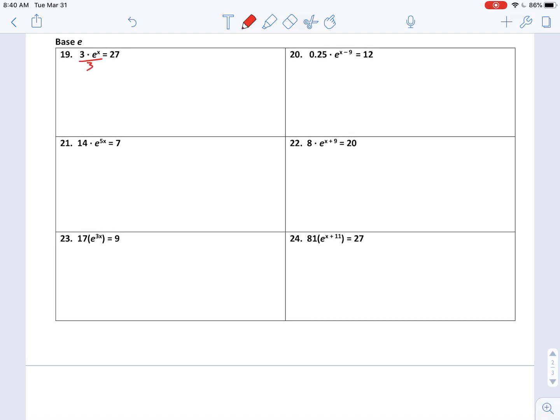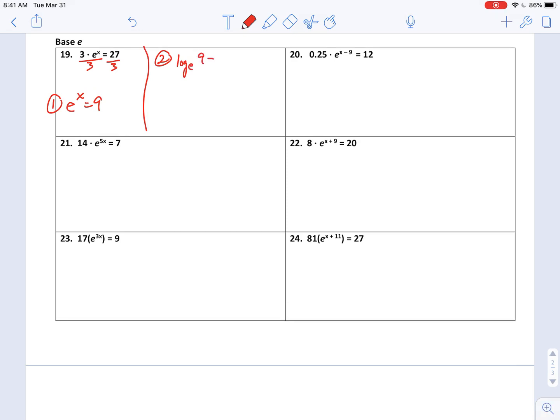All right, let's do these last two and then we'll cut the video. So same process, same idea. I want to get this exponent by itself. So I need to get rid of the 3 by dividing. So e to the x equals 9. That's our first step.